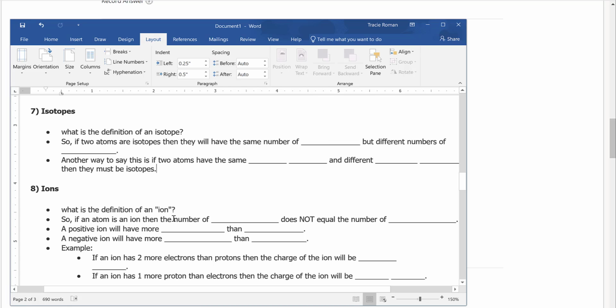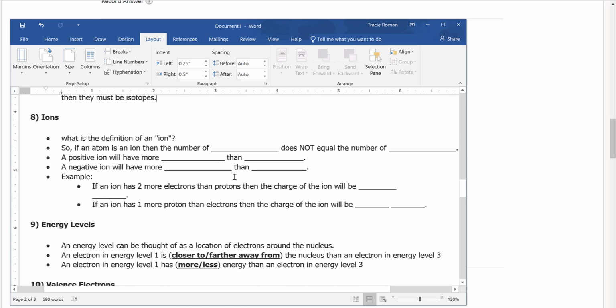You're just looking at the 1 atom to determine if it's an ion, and you'll be counting the protons and electrons. With isotopes, you're comparing 2 atoms. And if they are isotopes of each other, then each atom will have the same number of protons. But the 2 atoms will have different numbers of neutrons. And that is the definition of an isotope. It doesn't matter how many electrons are in isotopes, and it doesn't matter how many neutrons are in ions.